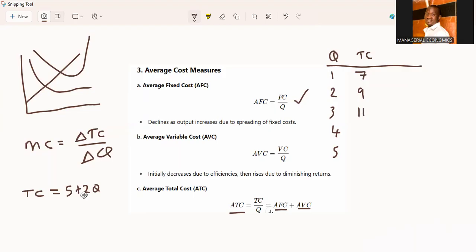If we put a 4 there, 4 times 2 is 8. 8 plus 5 is 13. So you see the increase is growing by what? By 2. So this is 15. So this is how we're finding our total cost.